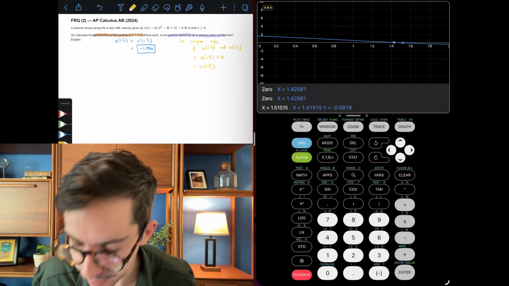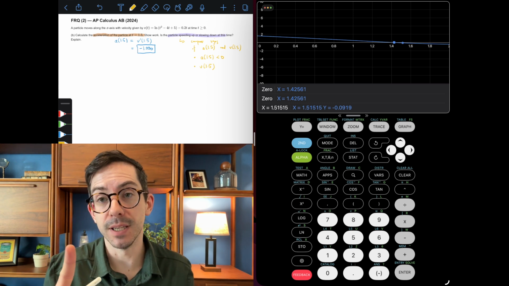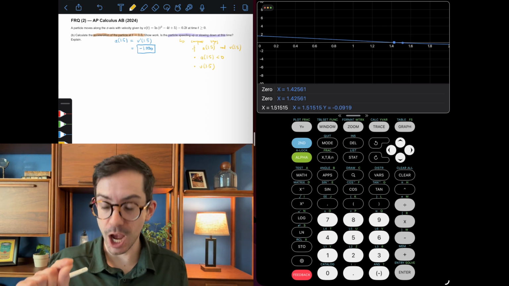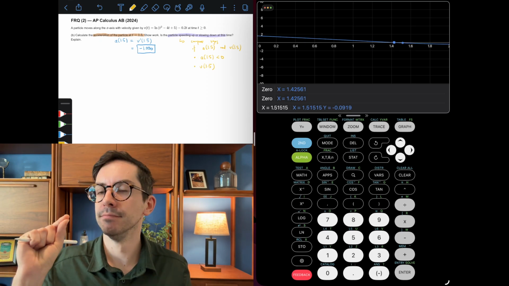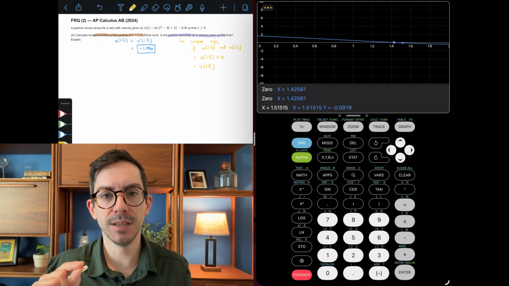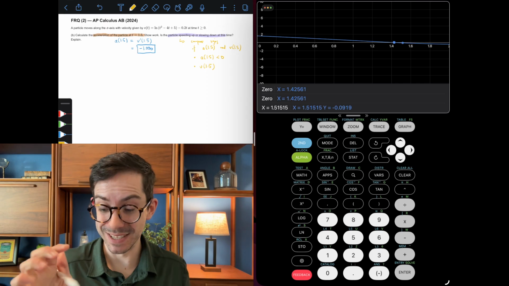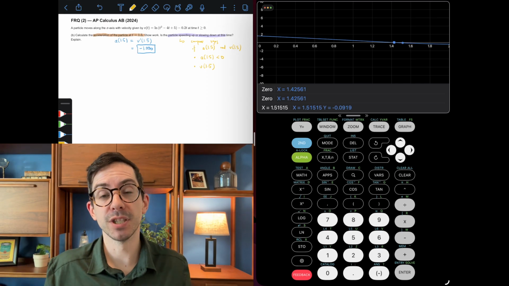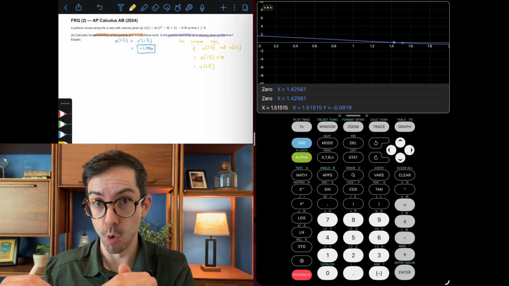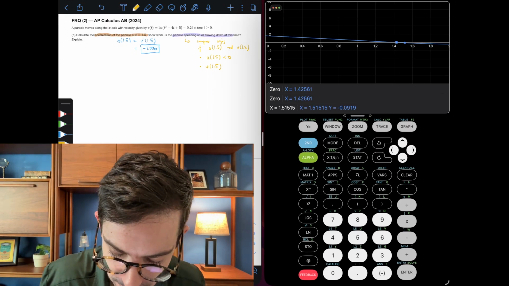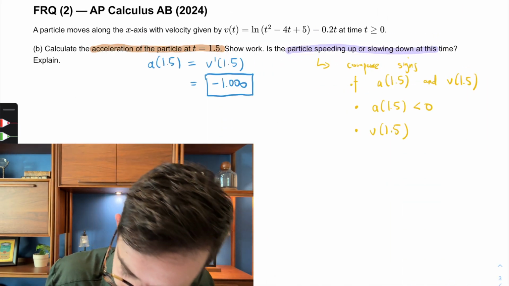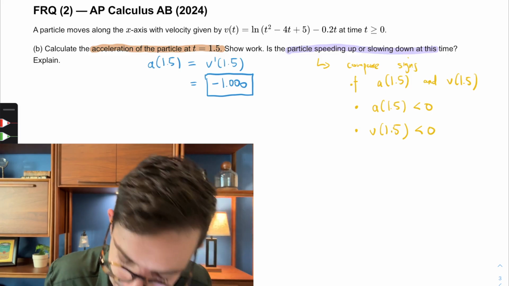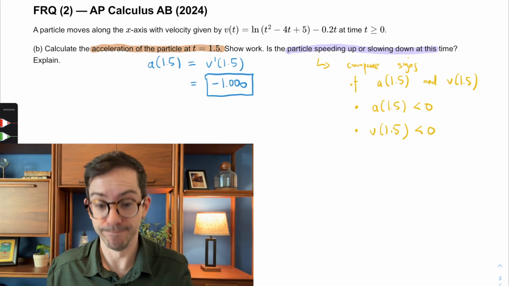You can see it there. The x-intercept occurred at 1.426, I believe. So t equals 1.5 is slightly to the right. The velocity function has just dipped below the x-axis. So the long and the short of it is, at this moment in time, the velocity is also negative.